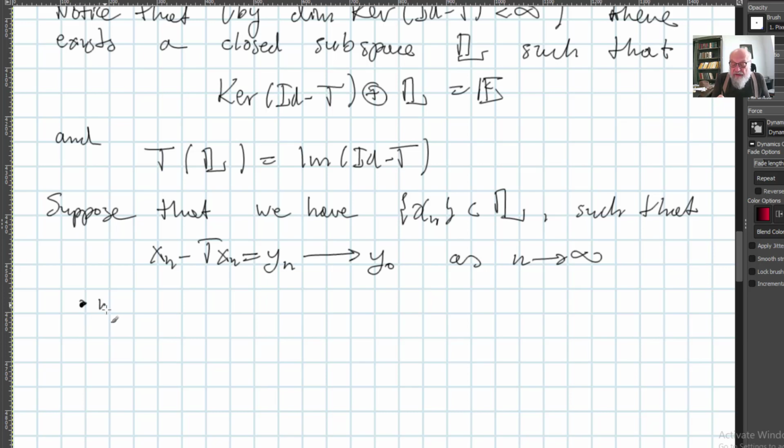So let's put it like this. We claim that the sequence xn is bounded.